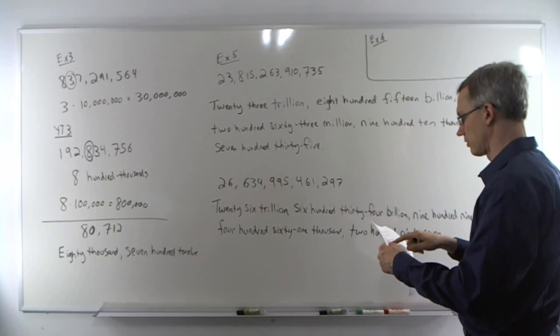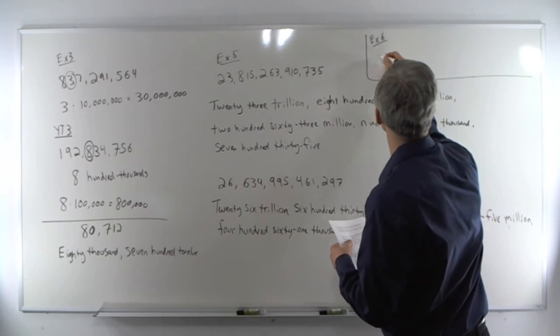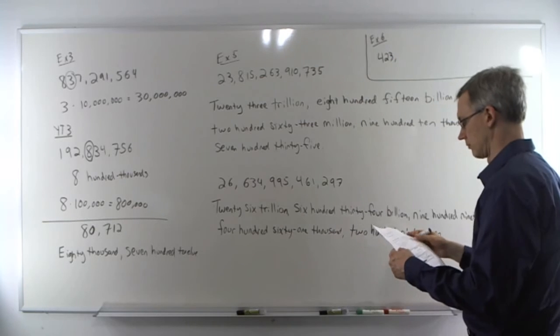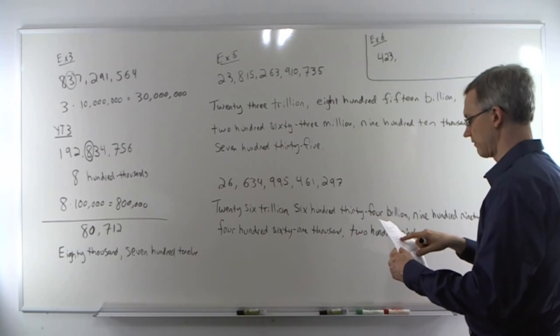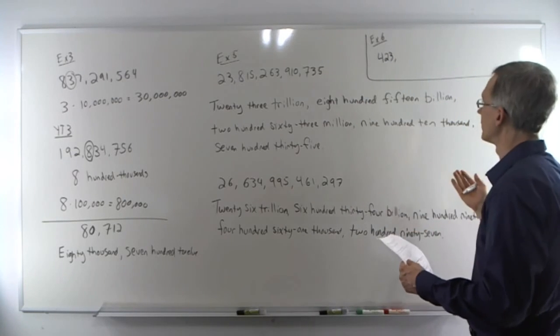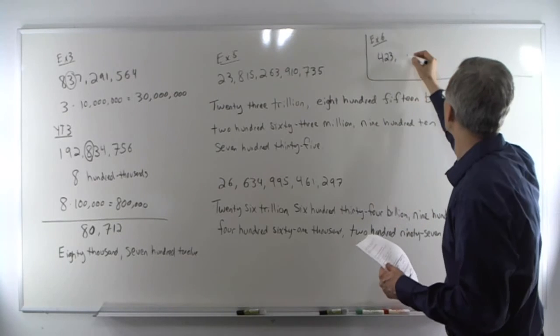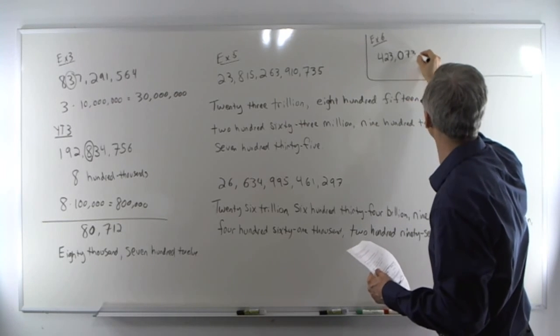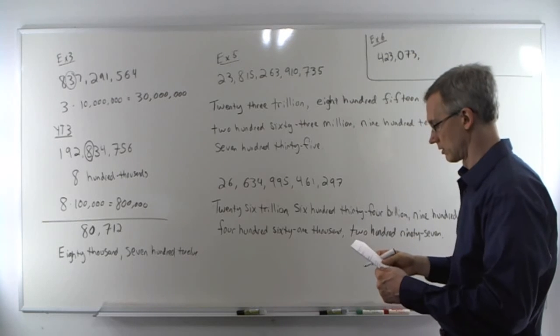All right, 423 trillion, so that's 423. $73 billion. Now we need 3 digits, so the first one's going to have to be a 0 to make this 73. So 073 for the billions.